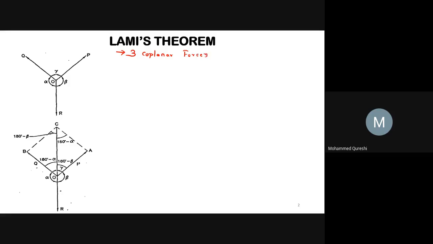Coplanar means in the same plane. If all the three forces are in the same plane and acting at a point, this is our first force P, second force Q, and third force R. All the three coplanar forces are acting at a point B in equilibrium.